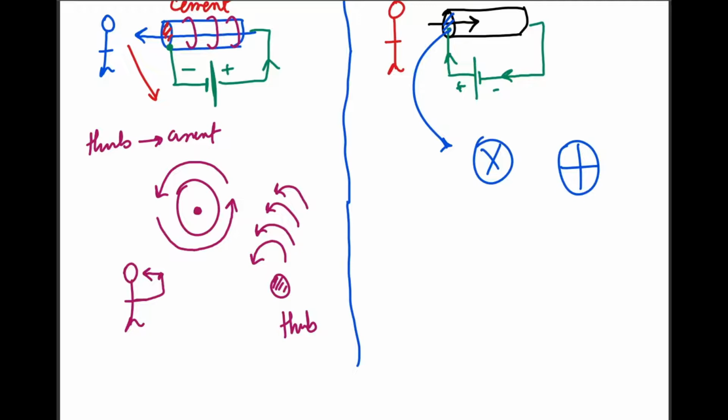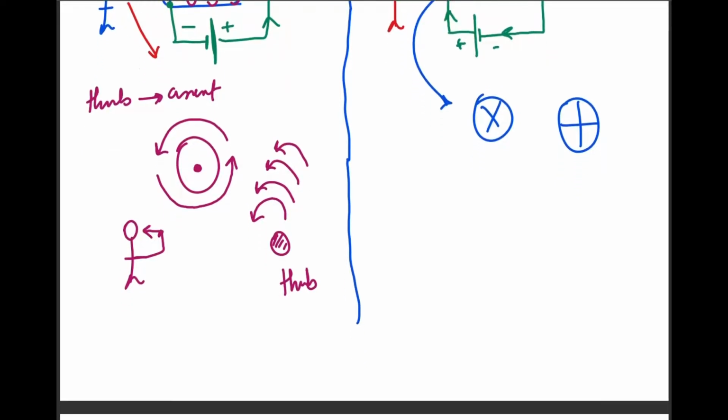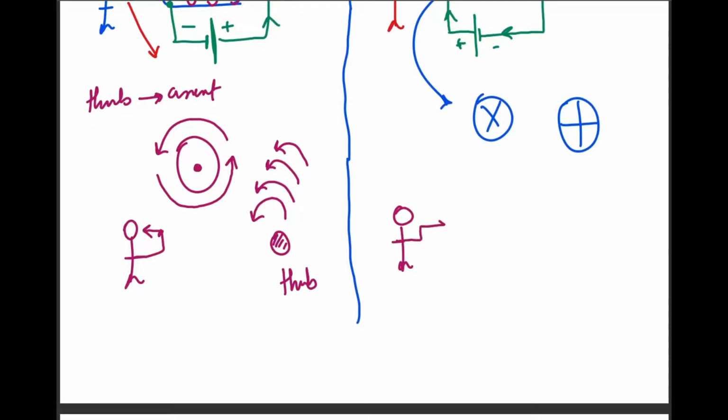And in the other case, you just point the thumb away from your eyes, and then you see that it will be clockwise. If I point the thumb away from my face, then the curl of my fingers actually goes like this. So the direction of magnetic field will be this for the into-the-page conductor.